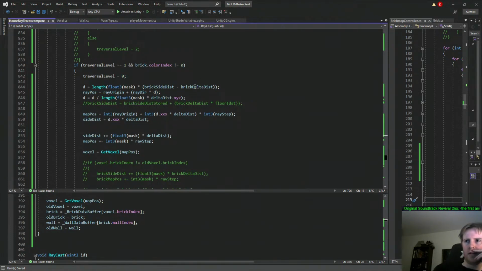The brick side dist is the ray distance multiplied by 8, and it's correct. Like that part works as far as I know. And so then we extract the brick side dist that we last iterated.